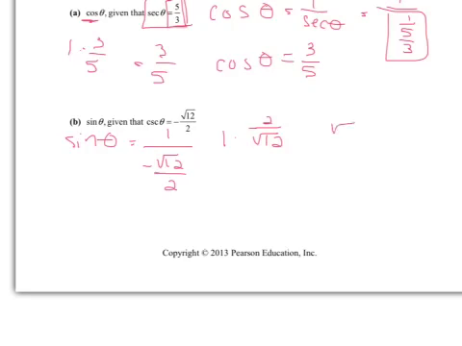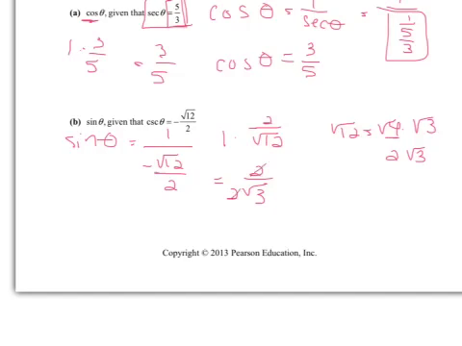Well, I know that the square root of 12 is the square root of 4 times the square root of 3. We can take the square root of 4, which is 2, so this would be 2 square root of 3. So then if we come down here, 1 times 2 over the square root of 12 equals 2 over 2 square root of 3. We have to multiply by the reciprocal.